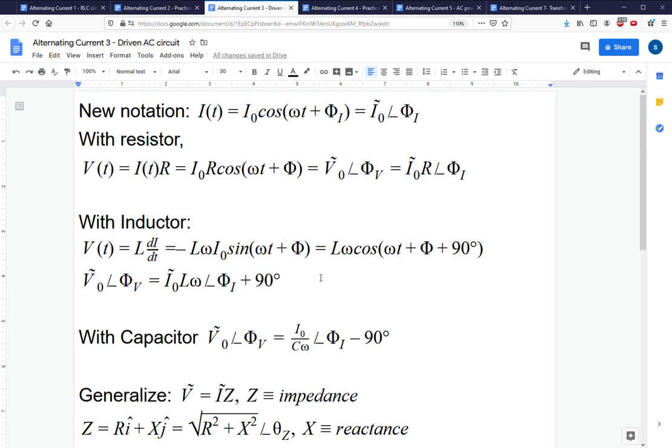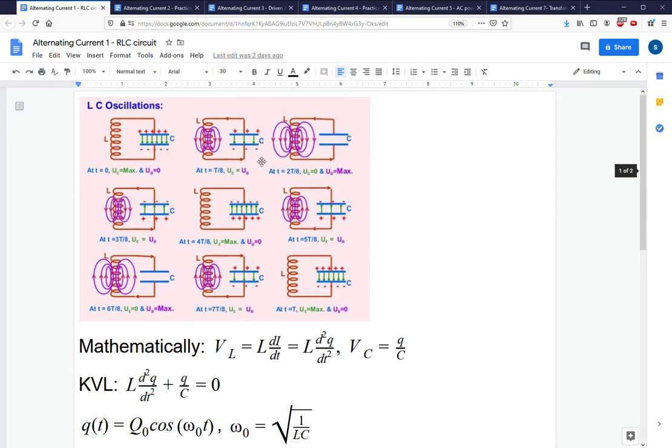One way of saying this is that when you have an inductor in alternating current, the voltage is always ahead of the current. If you think about this, going back to when we first had an LC oscillation, there was a lot of voltage across the inductor but no current.